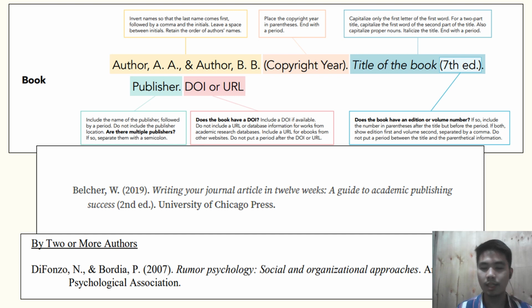For books that have an update in terms of their edition, pang 7, pang 8, or so on and so forth, we usually enter the edition of the book after the title of the book. Okay, but of course, only the title of the book, yan lang po yung naka-italics. Okay, so for books with 2 or more authors, same format will be applied.